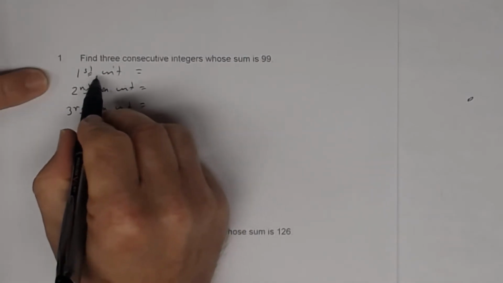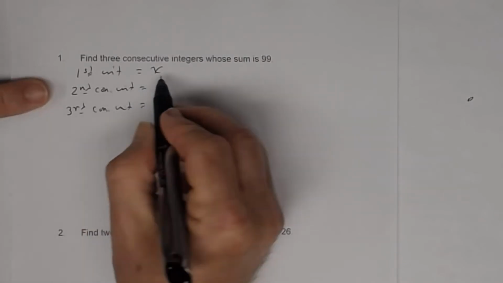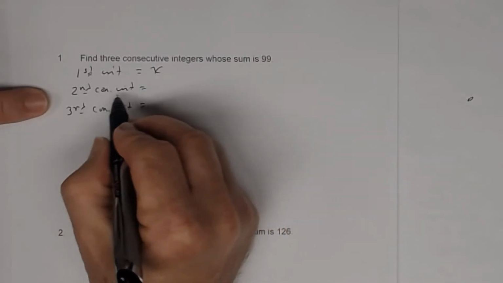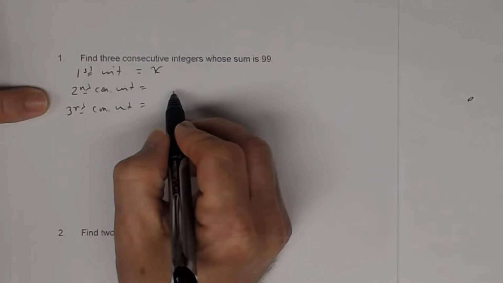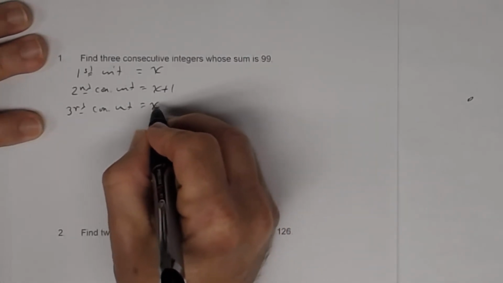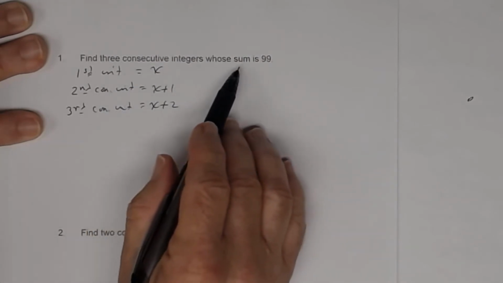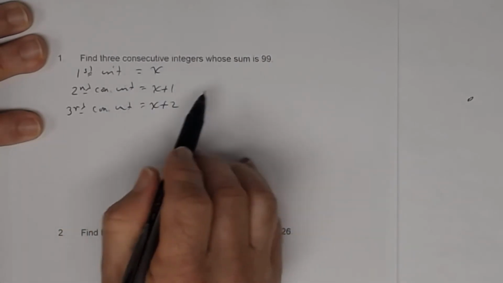So let's call the first one x. If x is my first integer, then what expression will represent the next consecutive integer? X plus 1. Then what will be the next one? X plus 2. And you're told that the sum of those three integers is 99.